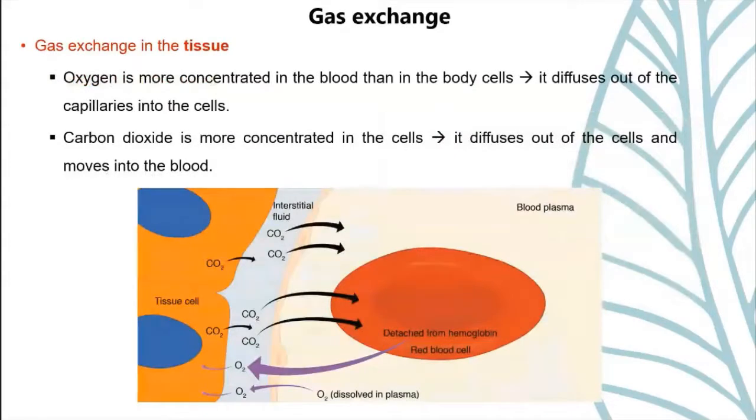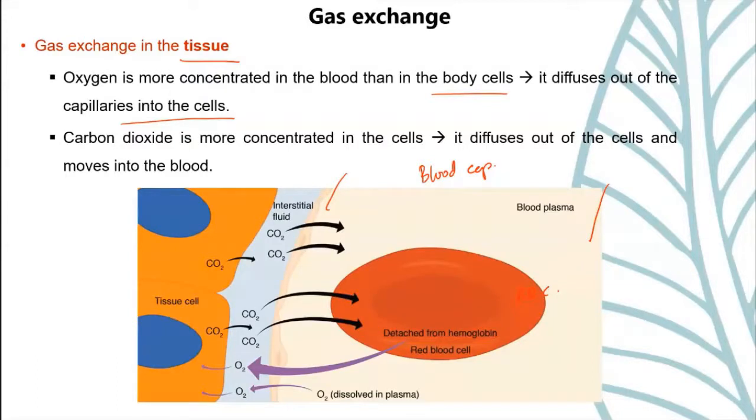Next is what happens in your body tissues, in the tissues of different organs. Exchange in tissues: oxygen is more concentrated in the blood than in the body cells, so it diffuses out of the capillaries into your body cells. Here we see blood capillaries containing red blood cells that have hemoglobin to carry the oxygen.